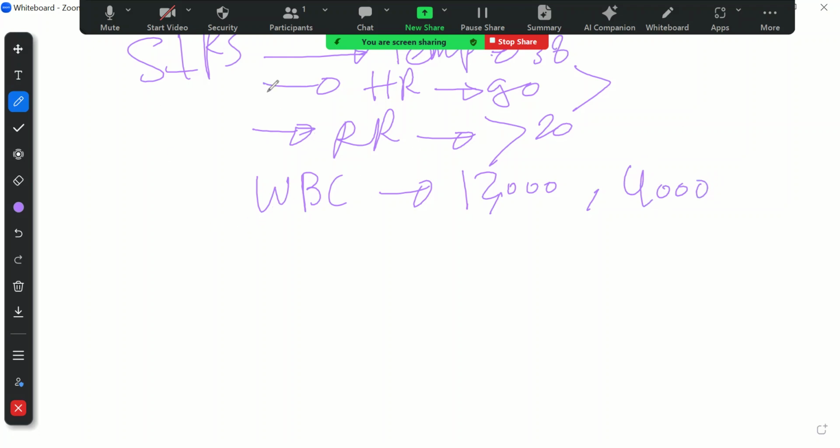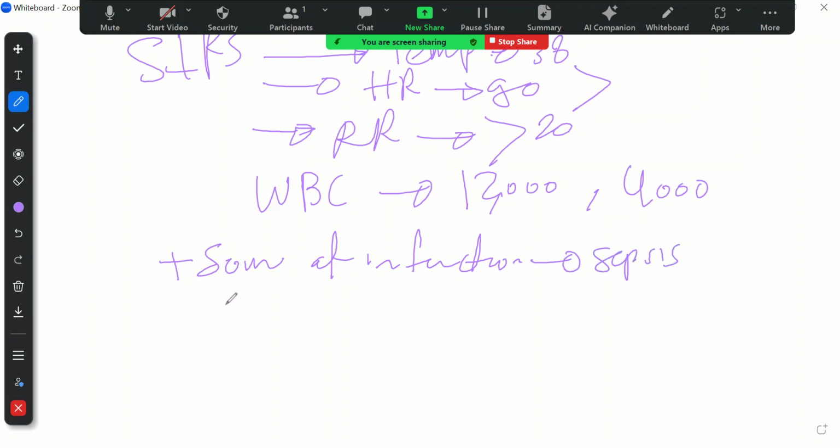So this is SIRS. If they mention in the question that the patient has 2 or more of these SIRS plus a source of infection, this is sepsis, okay?